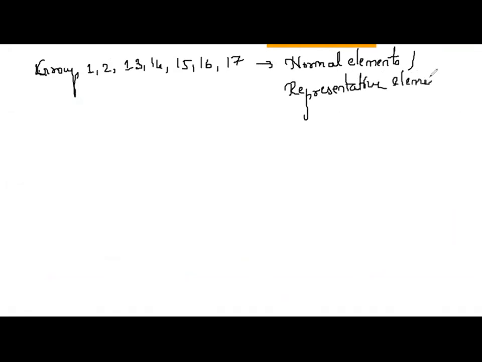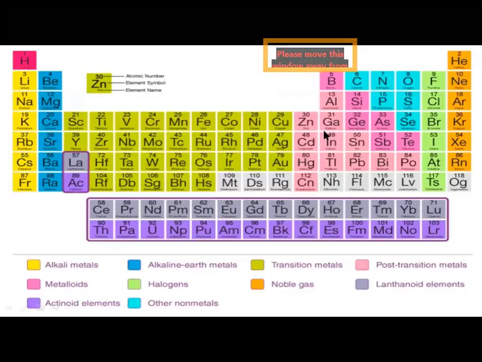The reason is, if you look at the elements of these groups, we use them in most of our compounds. We see most of these elements in the form of compounds. Most commonly used compounds contain these elements. Therefore, they are called normal elements, or representative elements.